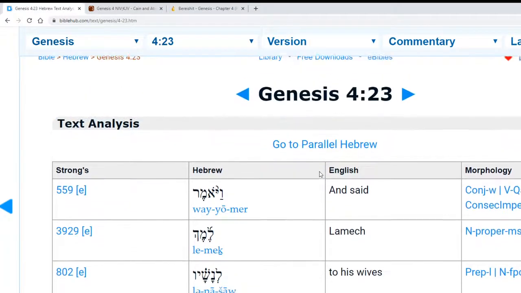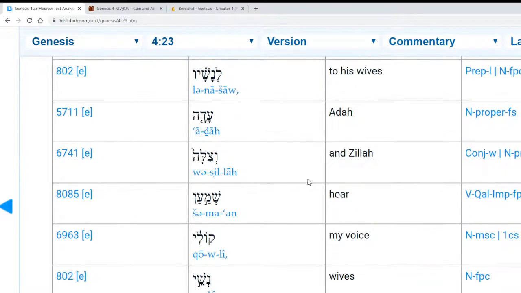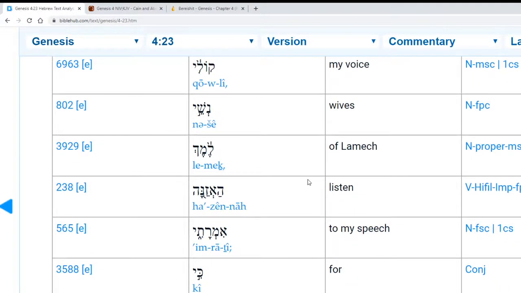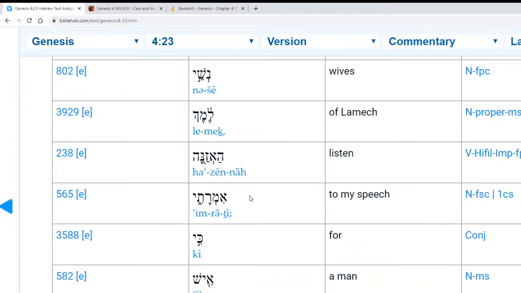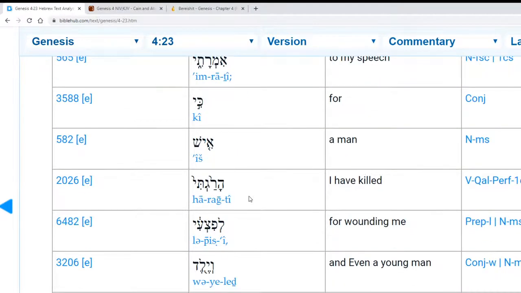Verse 23. Vayomer lemech lenashav ada vetzila sham'an koli neshe lemech ha'azena imrati ki ish haragti lepitz'i veyeled lechaburati.